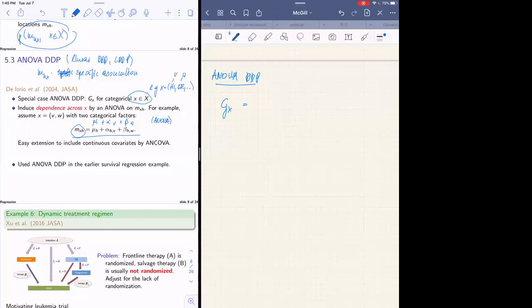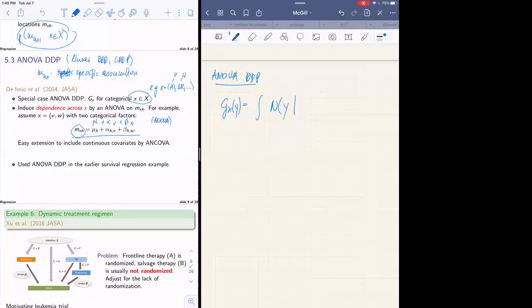Let's make that then maybe already like this. So it's a summation of normal kernels. I add an additional normal kernel. This is G sub X of Y, where Y could be the overall survival of a particular patient.